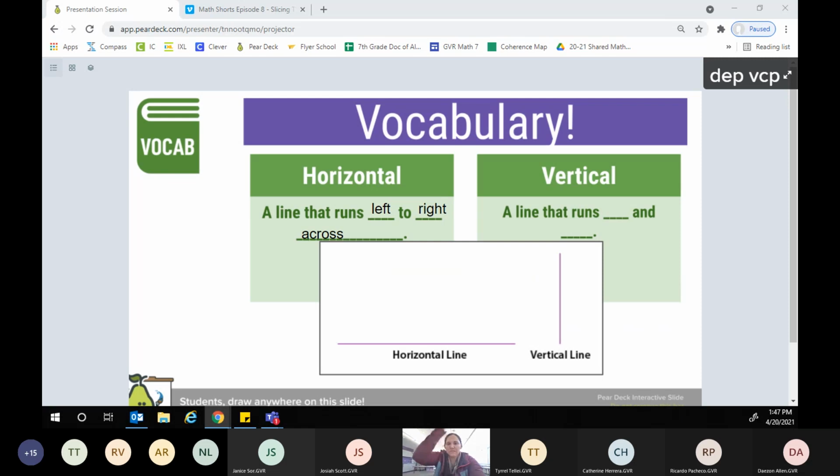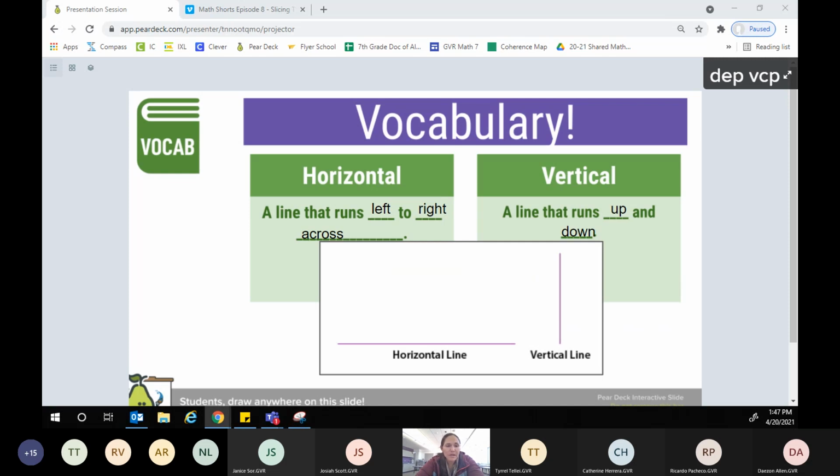Vertical is this one, just up and down. And then you can see our images right there for horizontal and vertical.